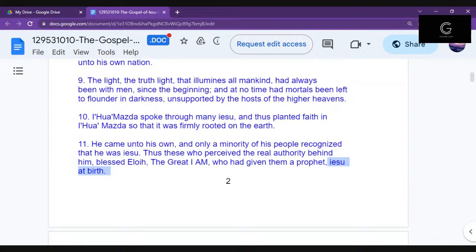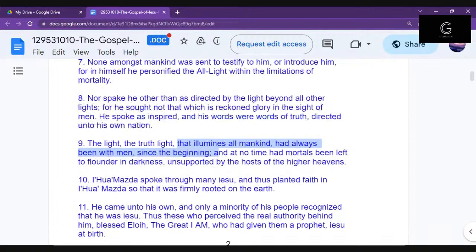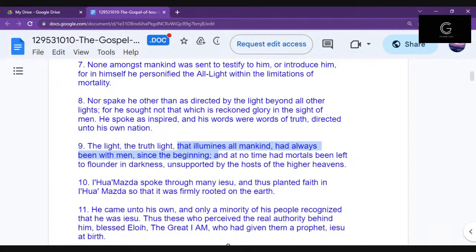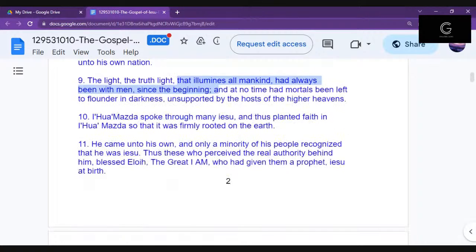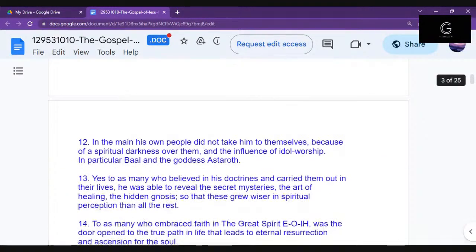He say, the light that illumines all mankind had been with me since the beginning, at no time had mortals been left to flounder. He said also right here, for he sought not that which is reckoned glory in the sight of men. Right? So he didn't want what y'all want. They different.